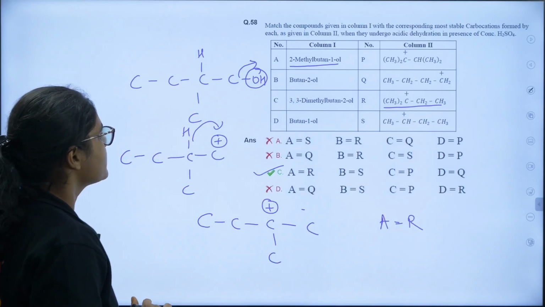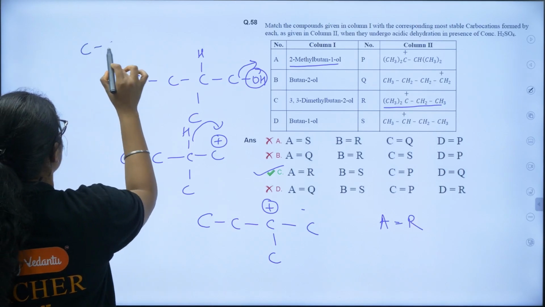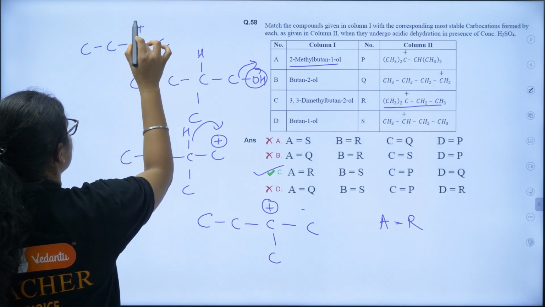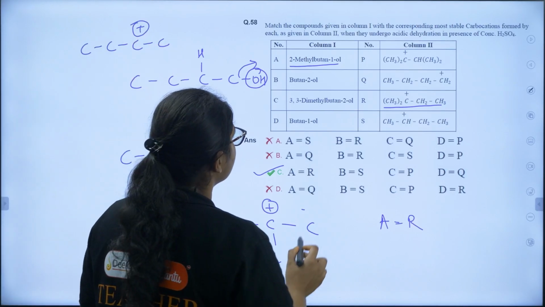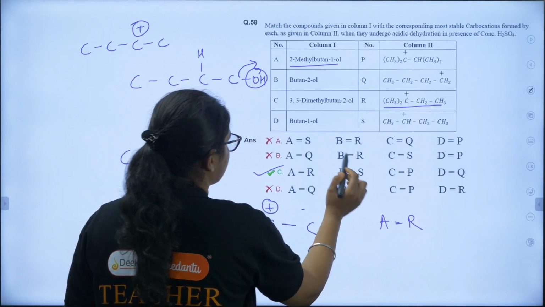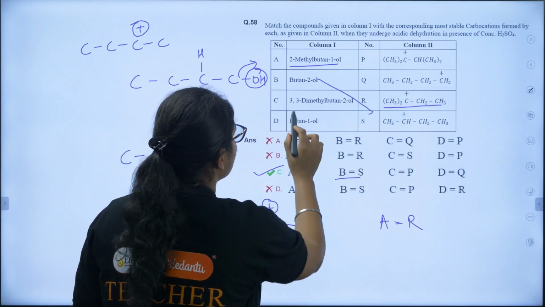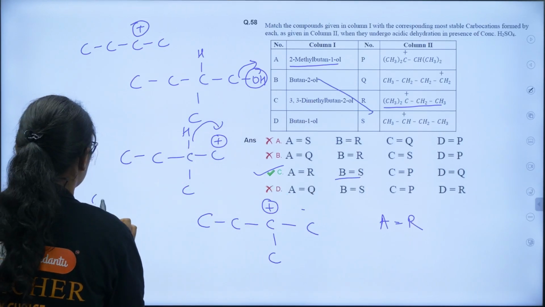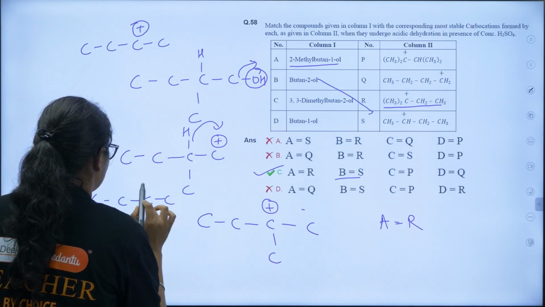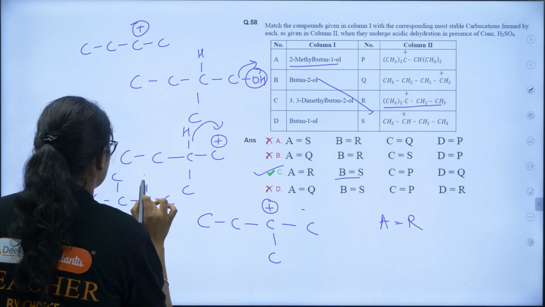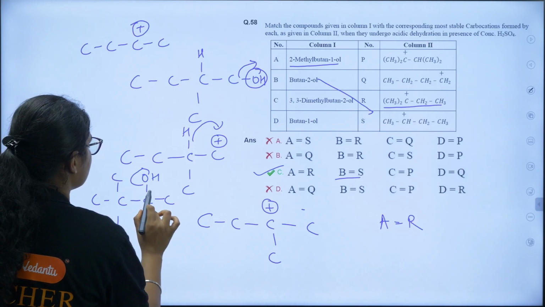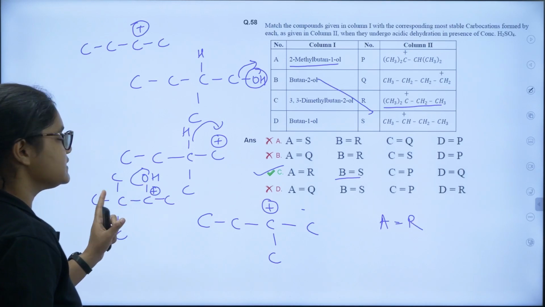Now butane 2-OL. So this one will form this carbon. So butane 2-OL will be, B will be S, right? B will be S here. Now if you see 3,3-dimethyl butane 2-OL. If here it goes, we'll get a carbocation here, which is a secondary.